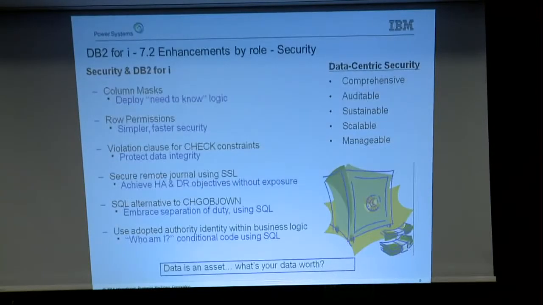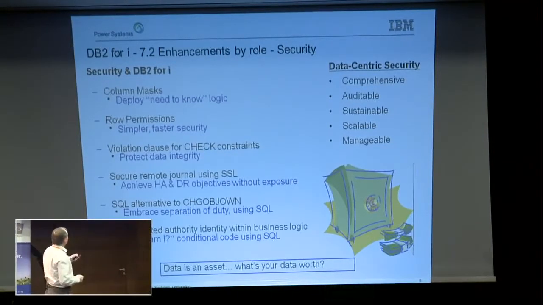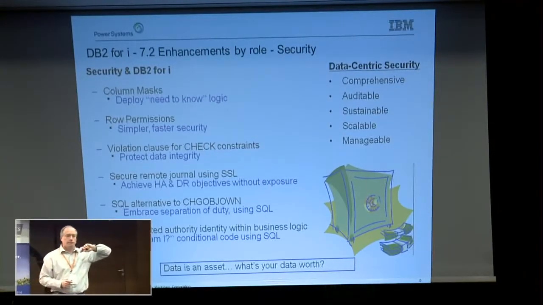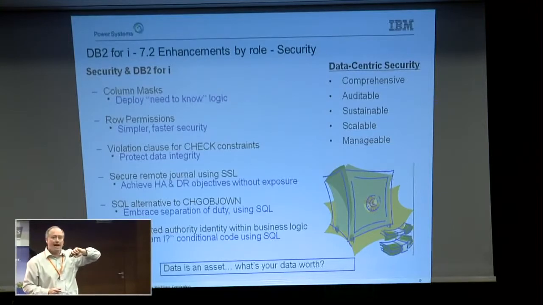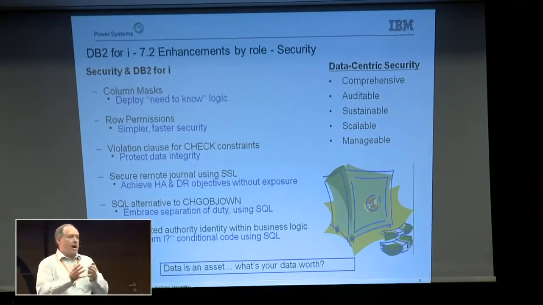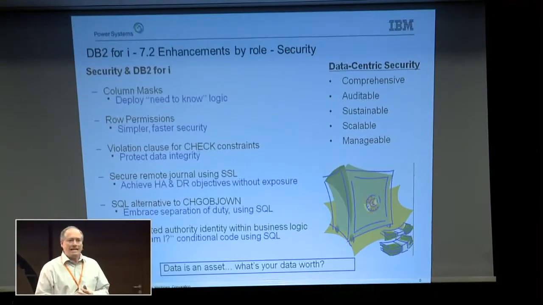Okay, security. This is a major area that we focused on. When it comes to data-centric security, well, first off, IBM I has got object-level security, right? But if you want to control the data within an object, today you need to do that at the application layer.